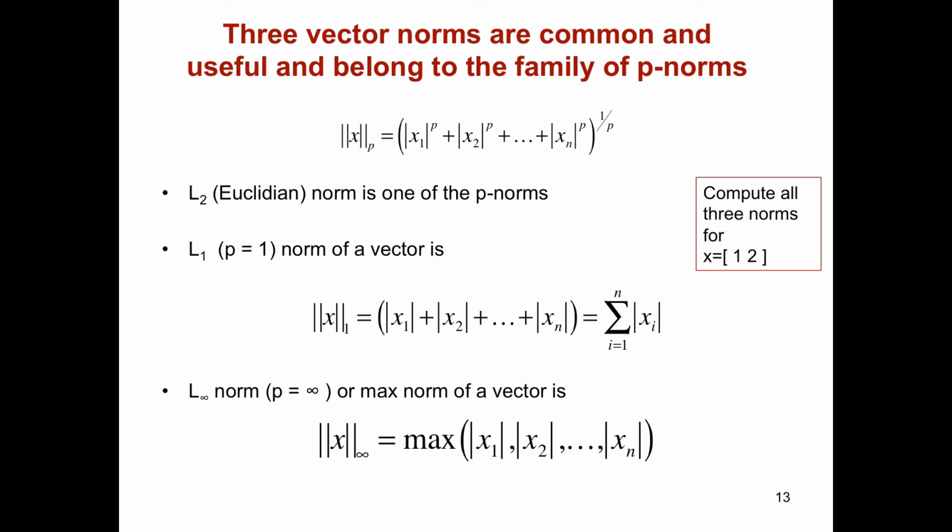Great question. So compute all these norms for x equal to 1, 2. So can you actually compute the 2 norm for the vector 1, 2? I have a vector 1, 2. What is my 2 norm?